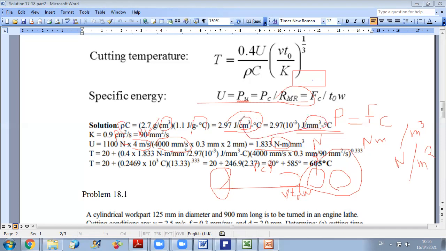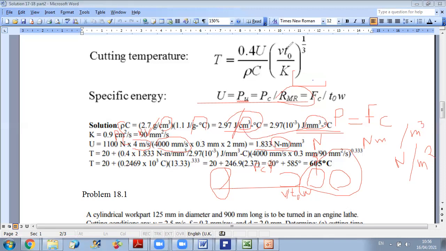So since here at the lower part of the term, I should multiply by 10 minus 3, to convert from 1 over centimeter cube to 1 over millimeter cube. So I get the value of rho C. And now I am ready to replace.